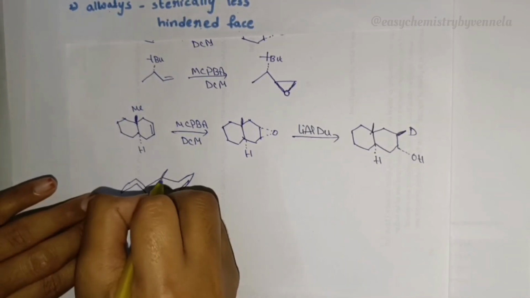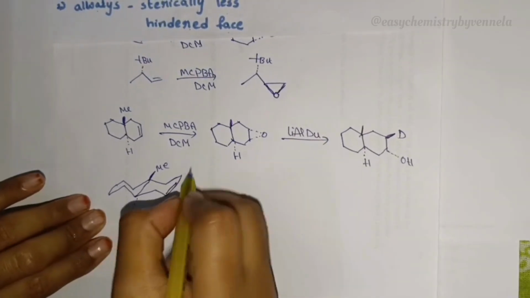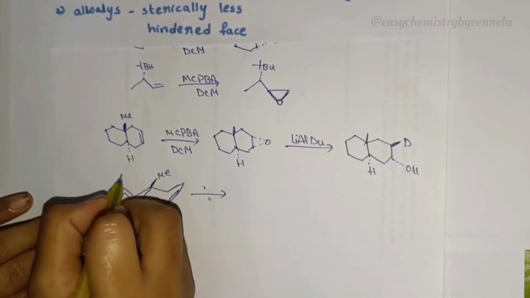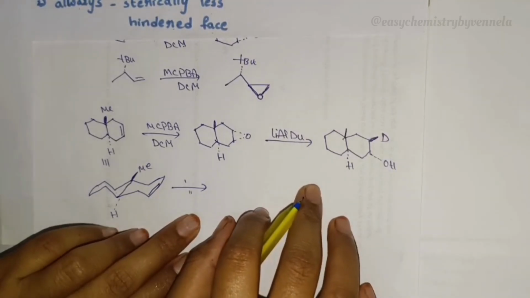This is the double bond. Here a methyl group is there and here hydrogen. You can write it like this, then you can easily understand.